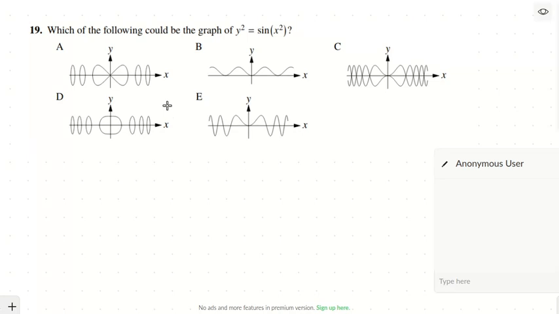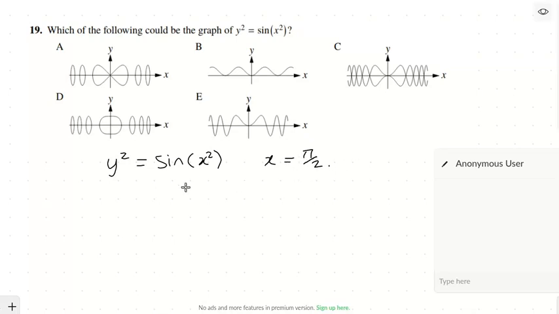Well, when I'm looking at this, the first thing I'm thinking about is, if you take the graph of b, for example, here you can see that y can't be negative. Now, is there anything in this equation which is telling me that y cannot be negative? I don't think so, actually. Let me give you a quick example that y can be negative here. Say x was pi over 2.